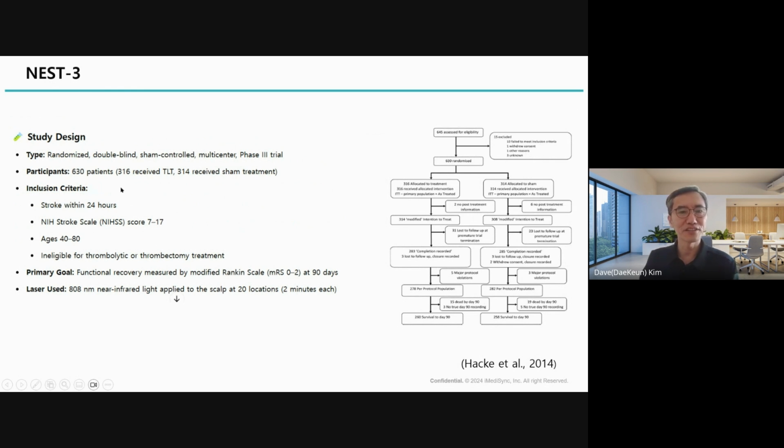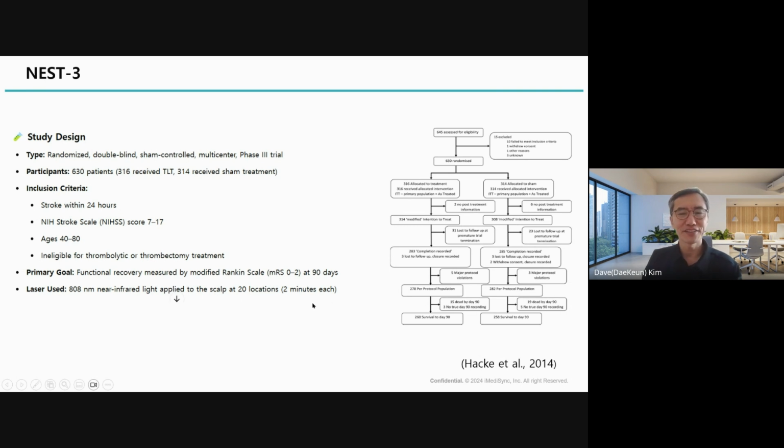And this is the acute phase stroke rehabilitation. Actually, for the methodology, they used an LED laser device, only one laser device, with 2-minute stimulation at one site, then another site for 2 minutes, and like this, 20 locations of stimulation.